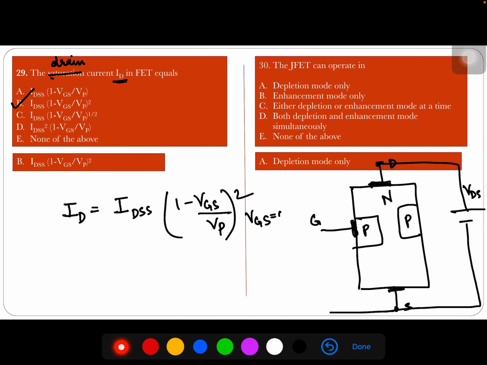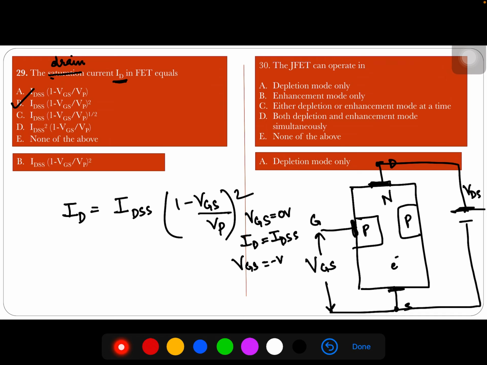First, VGS is equal to 0 volt. Then, due to VDS, the N region has electrons, and electrons will travel from source to drain and get attracted towards the battery of VDS. Because VGS is zero, it does not have any impact. So current is easily flowing, and the current that flows at VGS equal to 0 volt is called IDSS.